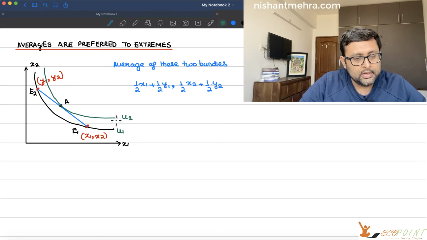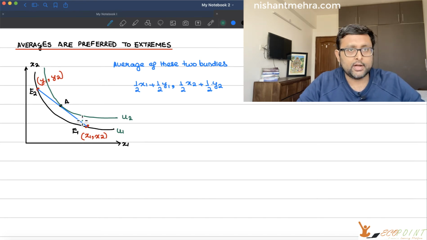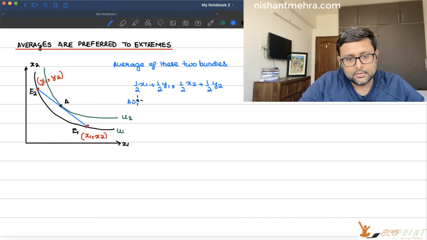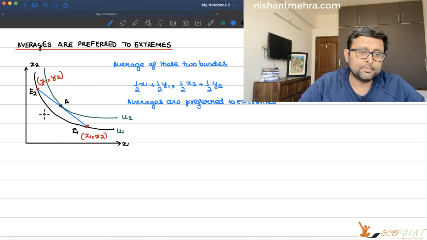So the utility you derive from consuming the average bundle is more than the utility from consuming the extreme bundles. So one explanation is that this is what is meant by averages are preferred to extremes.